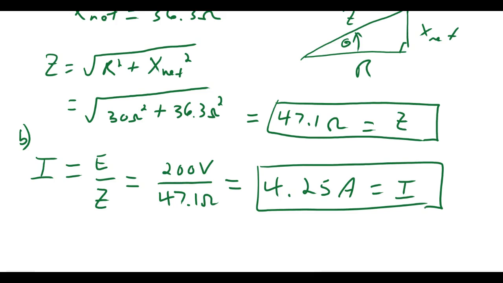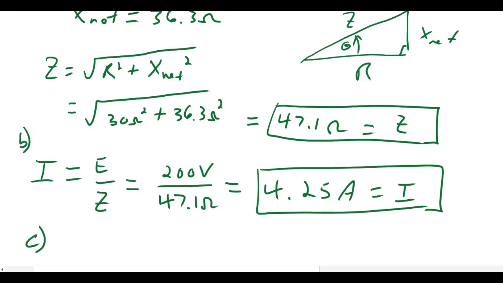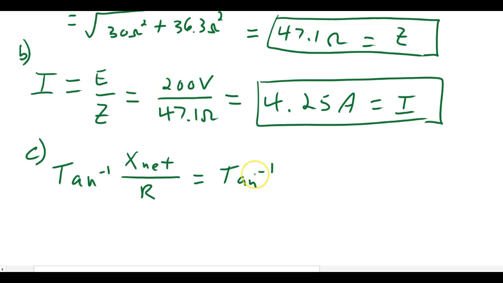Part C asks for phase angle and power factor. And so the phase angle comes from the impedance triangle, and we can write that now as tan to the minus 1 of the vertical component, which is X net, divided by the horizontal component, which is R. And so theta is tan to the minus 1 of 36.3 divided by 30.